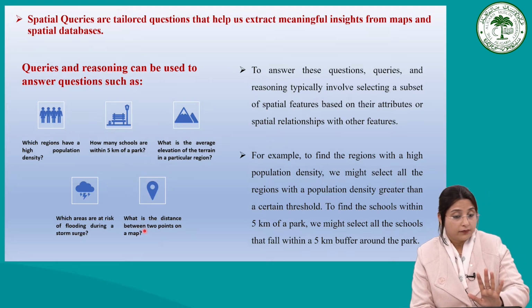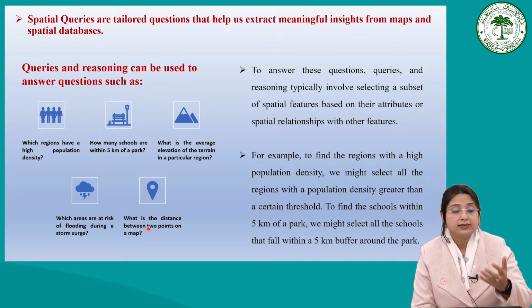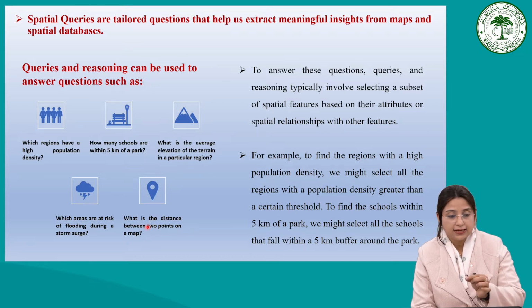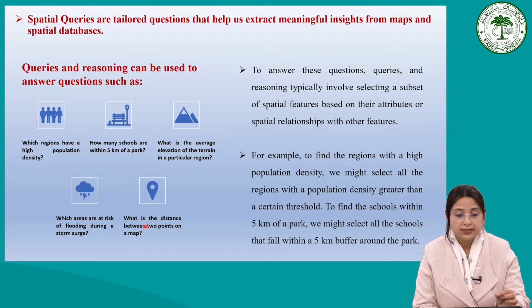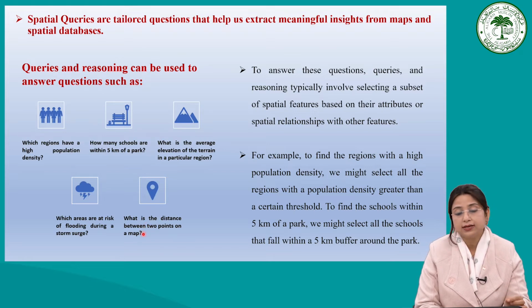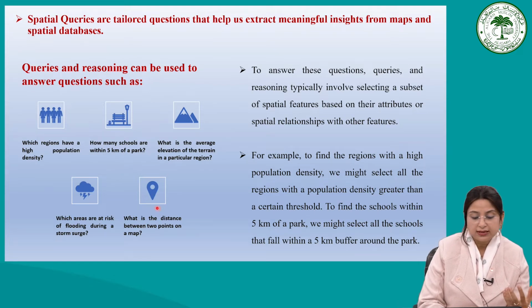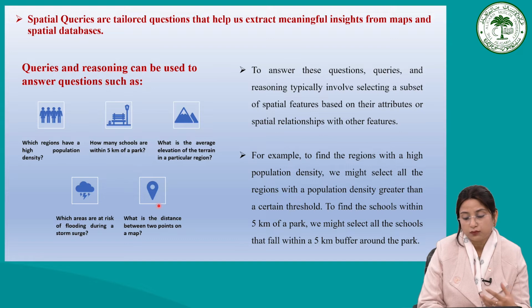I have already said that it queries certain spatial data with respect to point, line, and area data. If we are considering the distance between two points on the map, the two points may be two different places on the map. So these are the queries and reasoning that could be used to answer these types of questions.